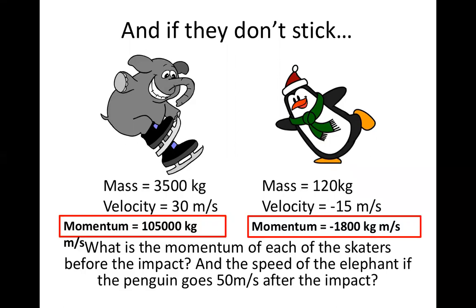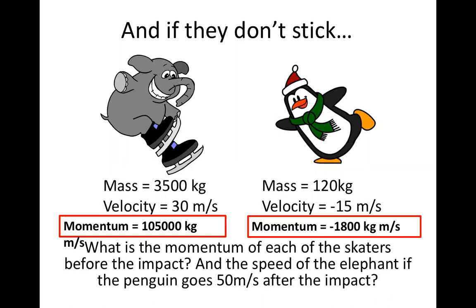Now let's look at after collision. What is the mass of the elephant after collision? 3,500. Okay, what is the mass of the penguin after collision? 120. What is the velocity of the penguin after the impact? 50. What is the velocity of the elephant after the impact?